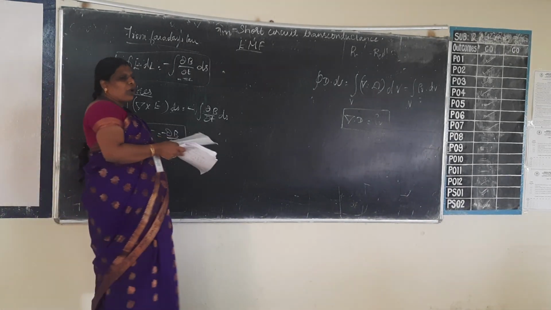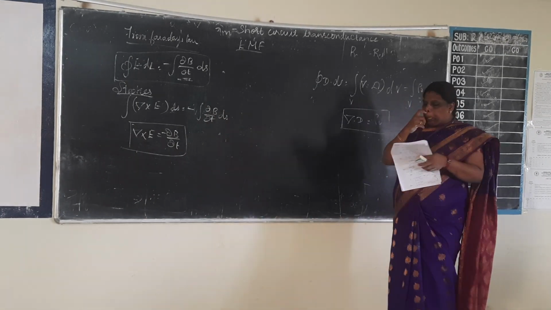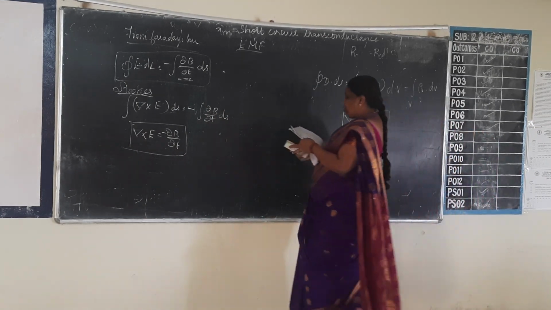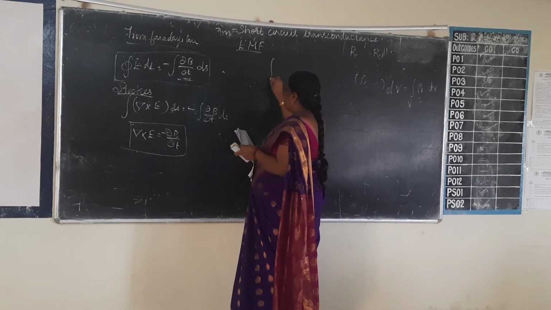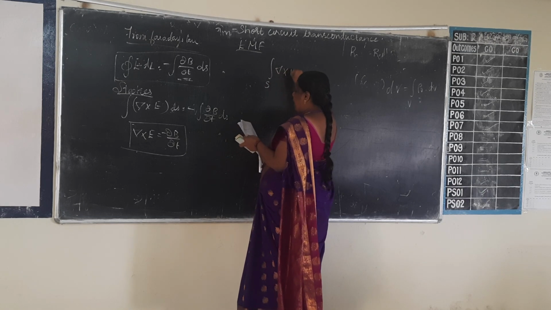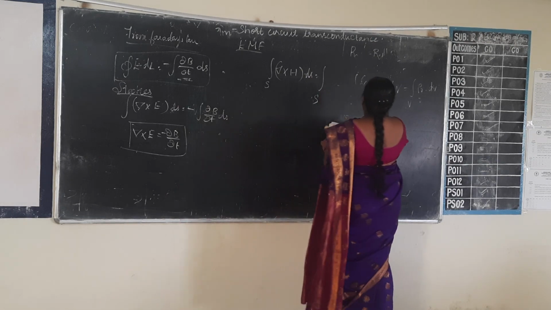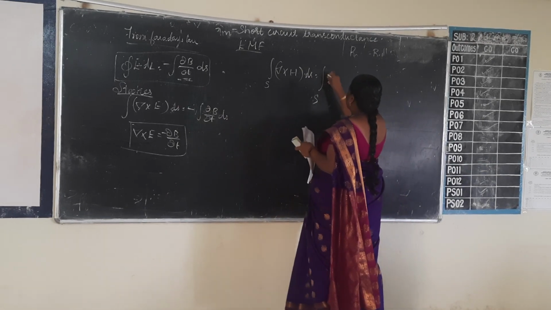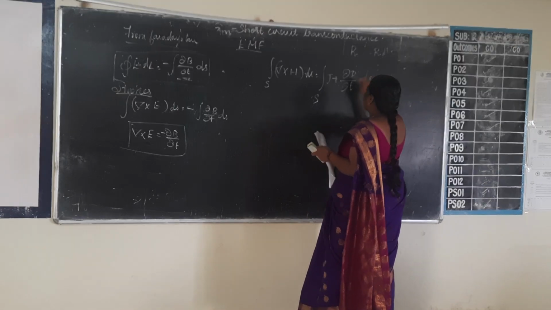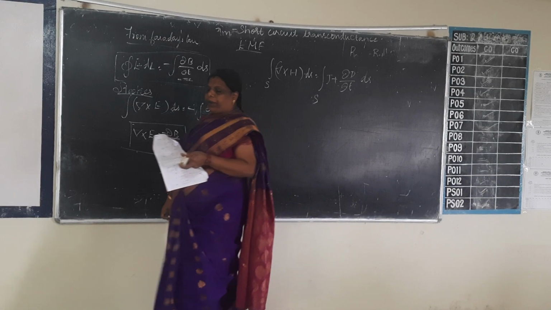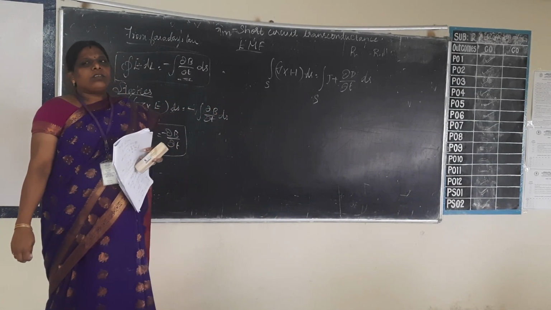Okay, the next one. Maxwell's equation from Ampere's circuital law. That is given by the surface integral of del cross H dot ds is equal to the surface integral of J plus dou D by dou t dot ds. What is this dou D by dou t?